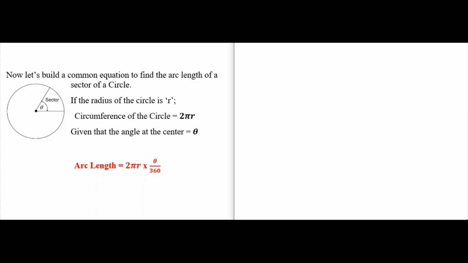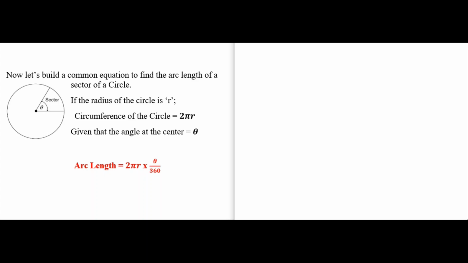If you have to find the arc length of a sector of a circle, we know that if the radius of a circle is r, the circumference is 2 pi r. And if the angle at the center is theta, as I mentioned earlier, as a common practice we use theta to denote an angle.